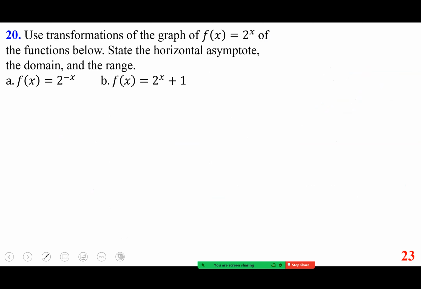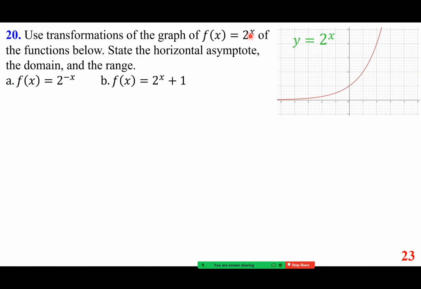We want to use transformations of the graph of f of x equals 2 to the power of x for the function below. State the horizontal asymptotes, the domain. So let's see what happens, starting with the general concept y equals 2 to the power of x. Again, what I want you to notice is that when the base is larger than 1, it's an exponential growth looking like that.